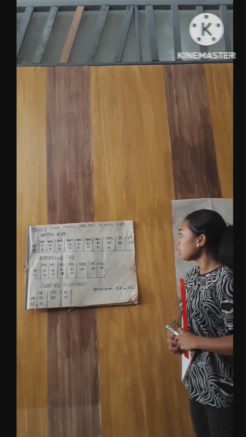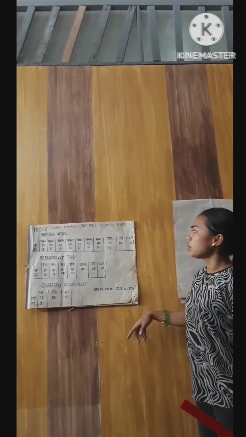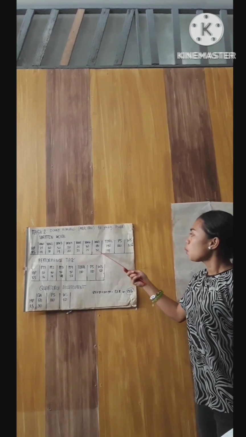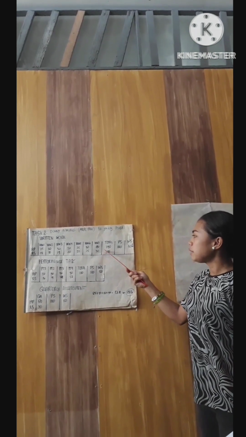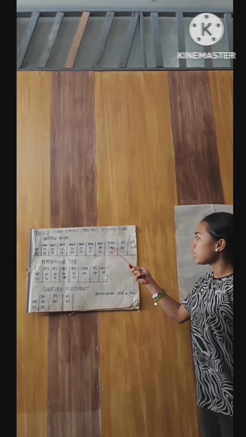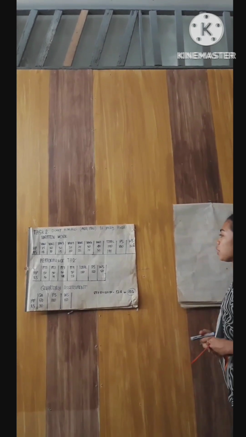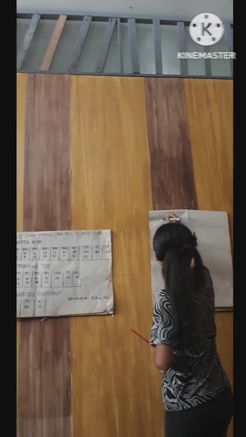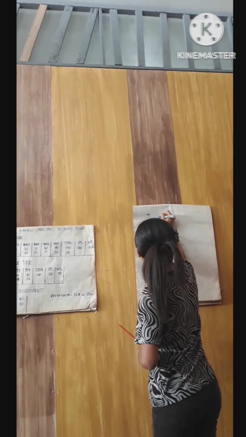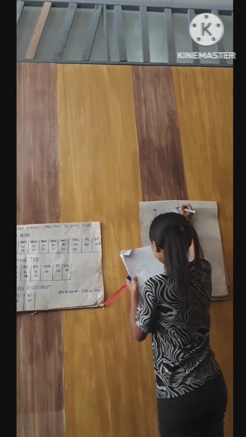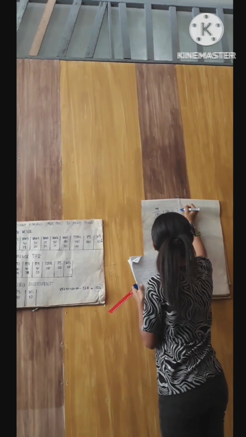So to get the percentage of Donnie Mariano's written work, what we're going to do is to divide the raw score by the highest possible score. So the raw score is 144 divided by 190 times 100 equals 75.79.